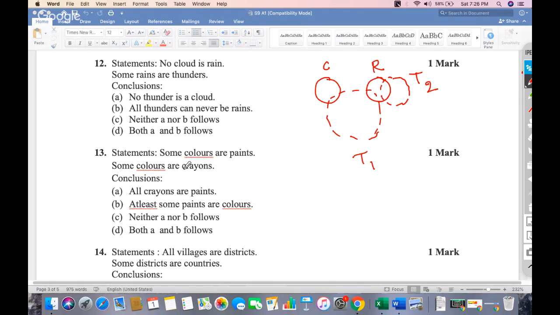No thunder is cloud. In second condition, no thunder is cloud is possible. Once again, some rains are thunder. No cloud is rain.